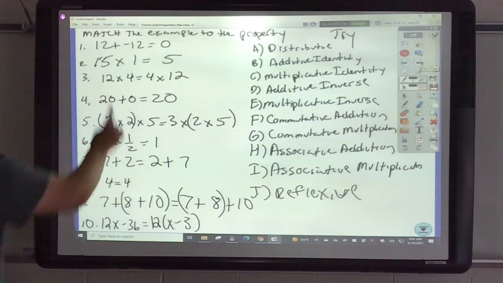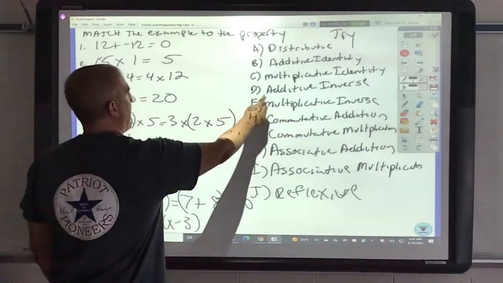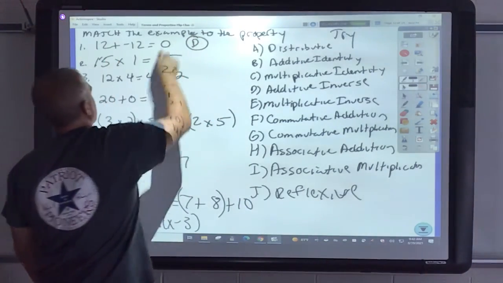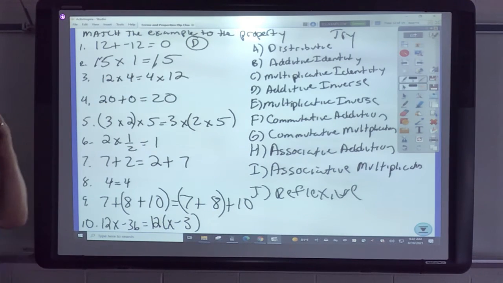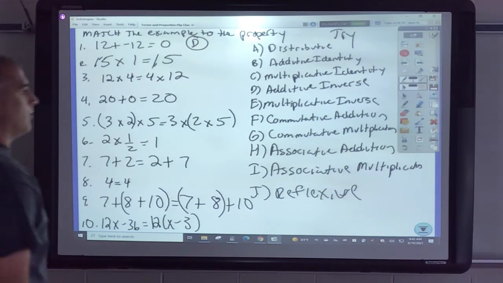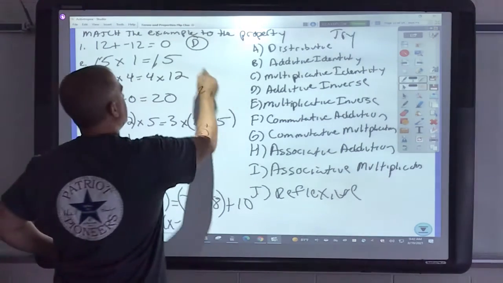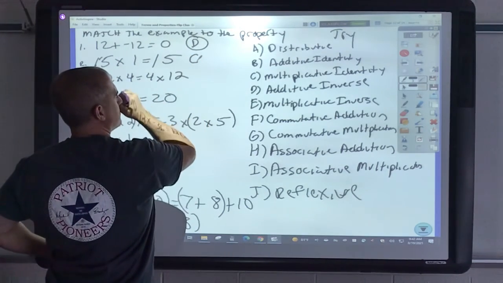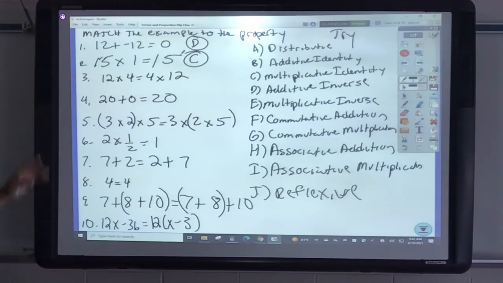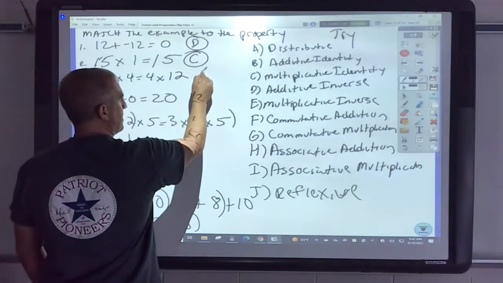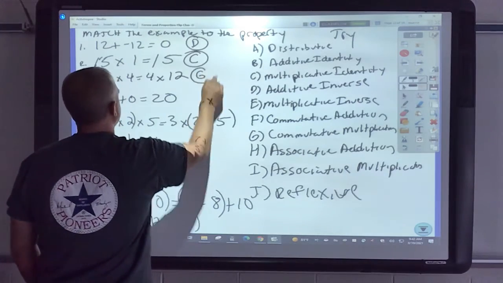All right. This is adding the opposite, so this is the additive inverse. This is multiplying something, whoops, that should be 15, by itself. So that is going to be the multiplicative identity. 12 times 4, the same as 4 times 12. That's going to be commutative multiplication.